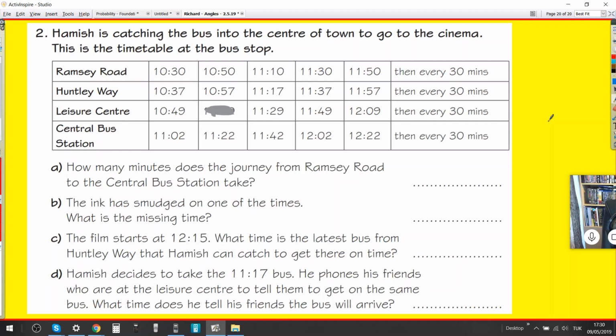And then the film starts at 12:15. So what is part A? So for part A, how many minutes does the journey from Ramsey Road to Central Bus Station take? To the cinema.